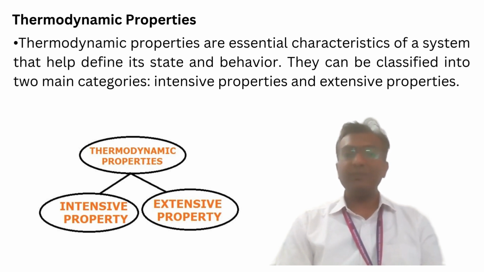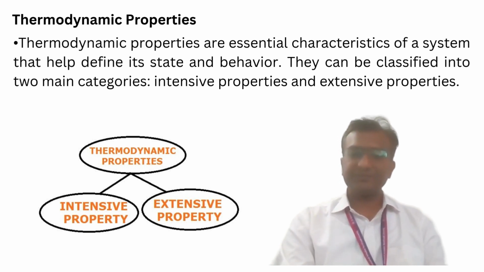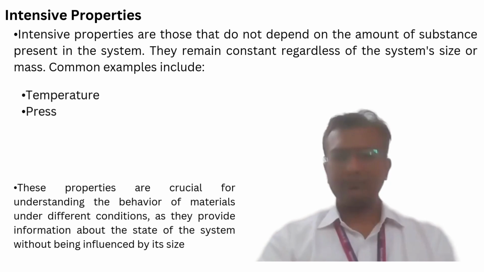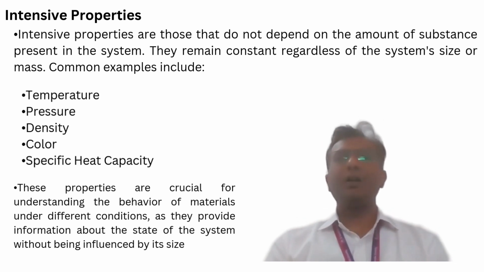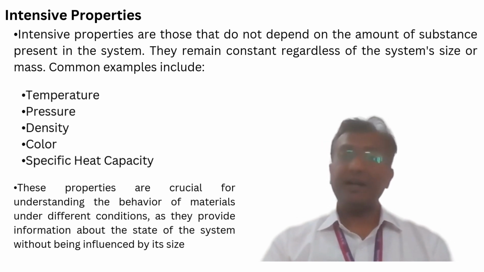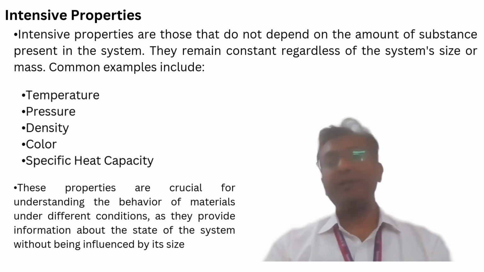So, with these basic definitions and classification in mind, let's now look into each category in detail, exploring examples and clarifying the concepts of each. All right, let's start with intensive properties and explore what makes them so unique.